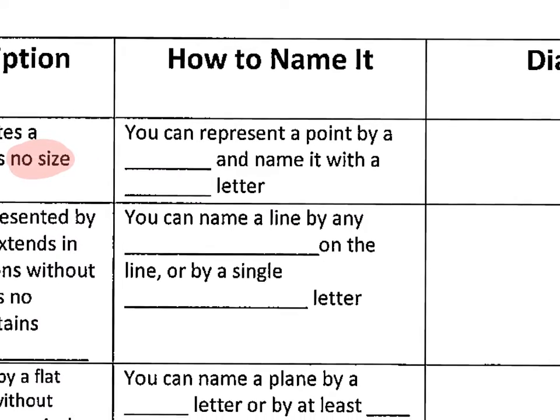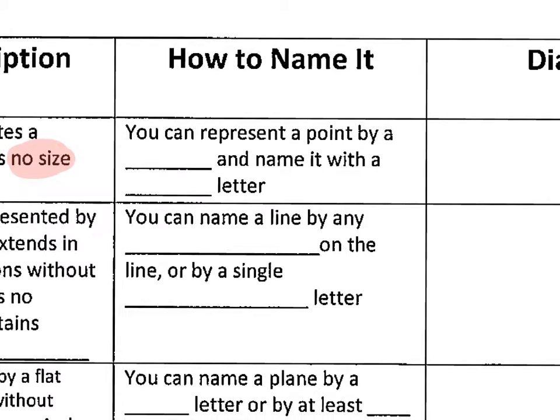Well, how do we name a point? We are going to be doing a lot of writing, so how do you write this down? If I want to talk about this point, this is how you do it. You represent a point by a dot, like an actual point, and you name it with, here's the big thing, a capital letter.